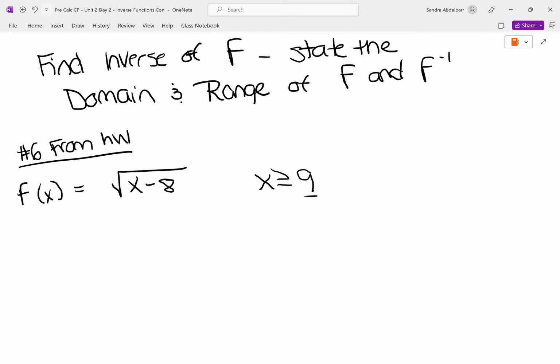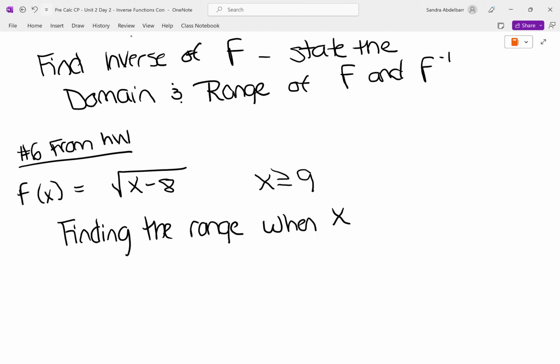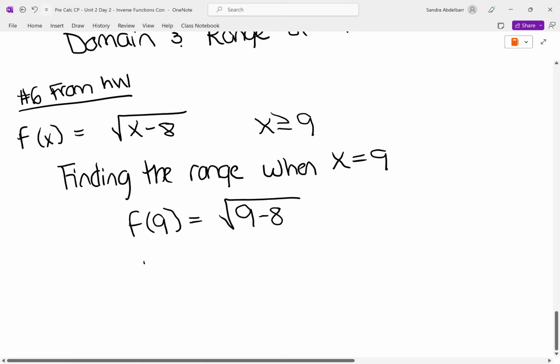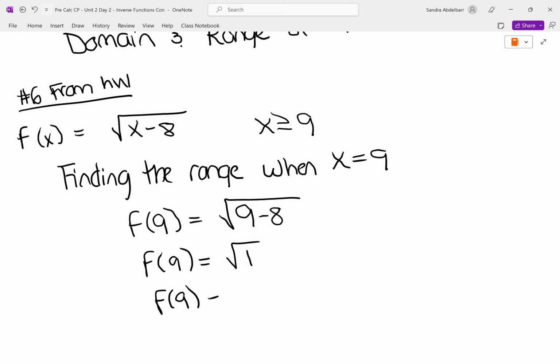So what we're going to do is take the f of x. I'm finding the range when x equals 9. So we're going to take basically f of 9. So we're going to do the root of 9 minus 8. What's the square root of 9 minus 8? 1. The square root of 1 is 1.